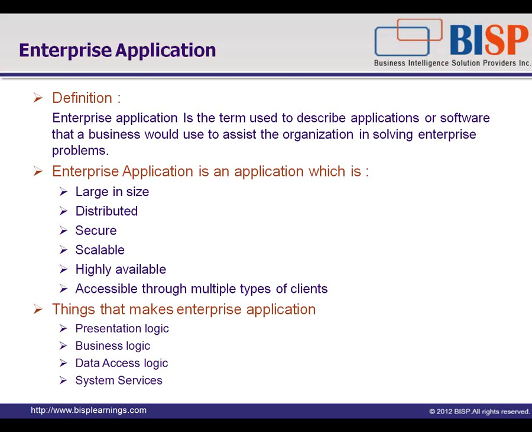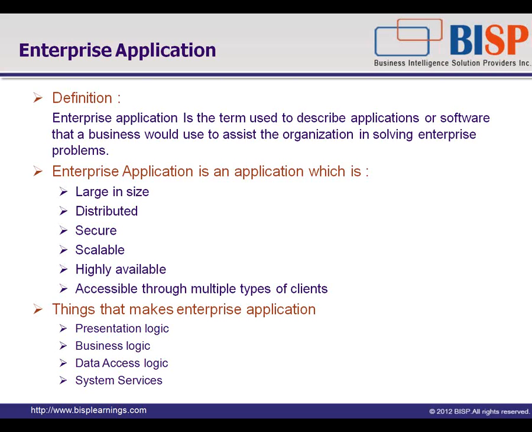Let's say, for example, one person is trying to access an application from a desktop computer, and another person is trying to access the same application through the web by using the internet, and someone else is using his mobile phone to access the same application.